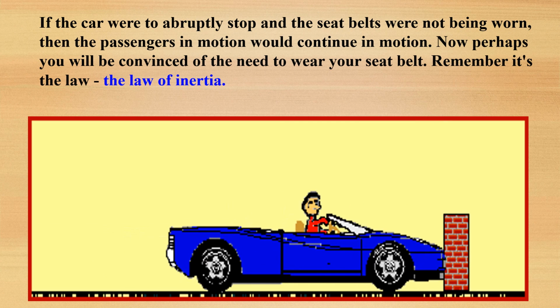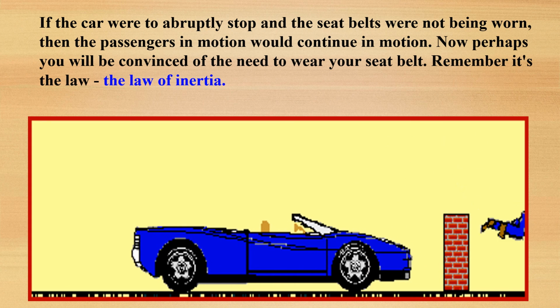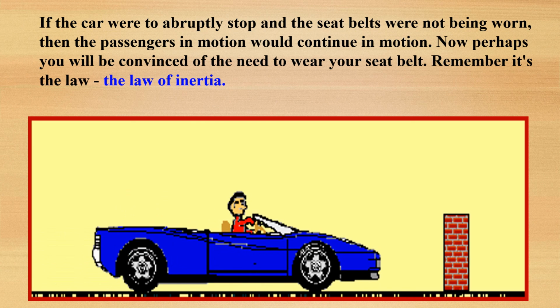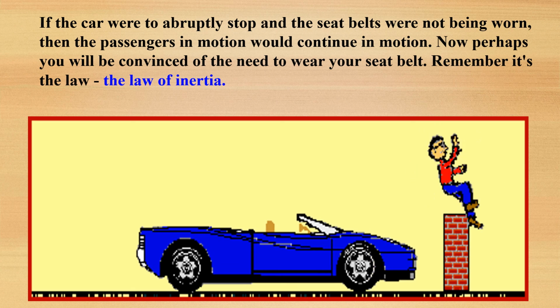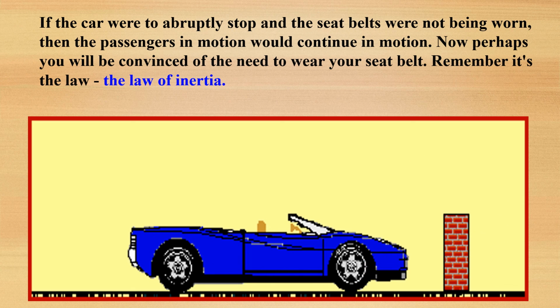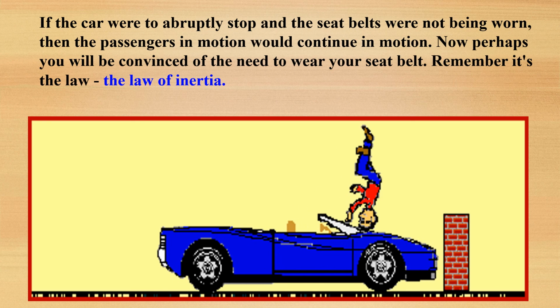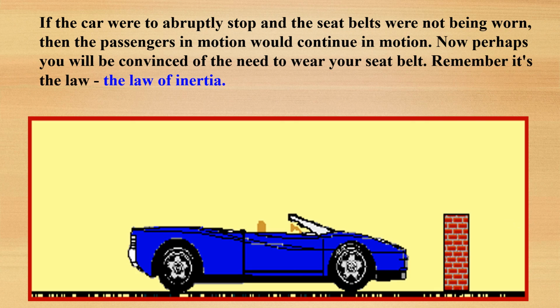If the car were to abruptly stop and the seat belts were not being worn, then the passengers in motion would continue in motion. Now perhaps you will be convinced of the need to wear your seatbelt. Remember, it's the law of inertia.